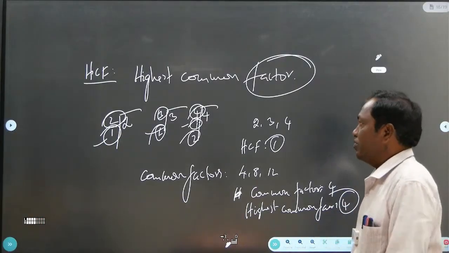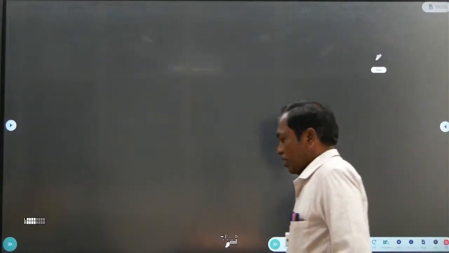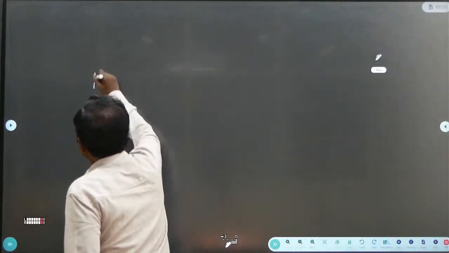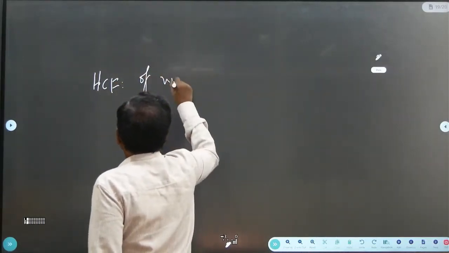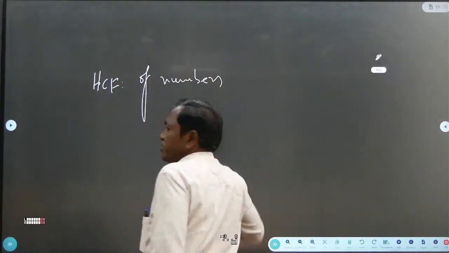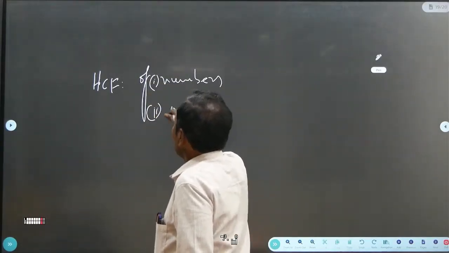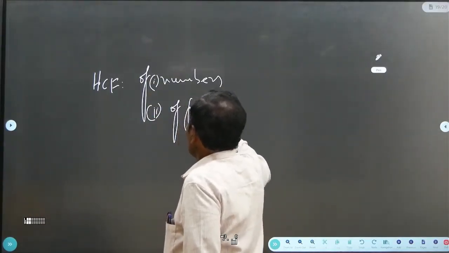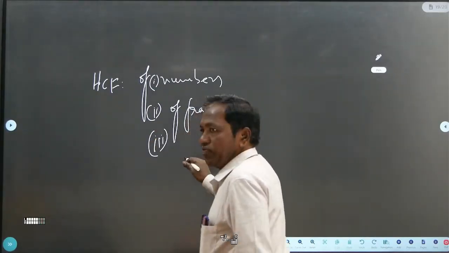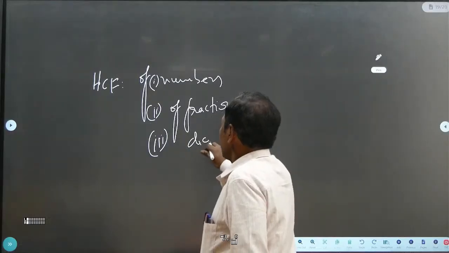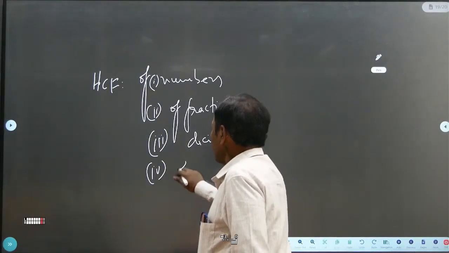That's why it is easy for us now. Same thing: whatever we did for LCM, HCF we also know. HCF of numbers, HCF of fractions, HCF of decimals, HCF of exponents.